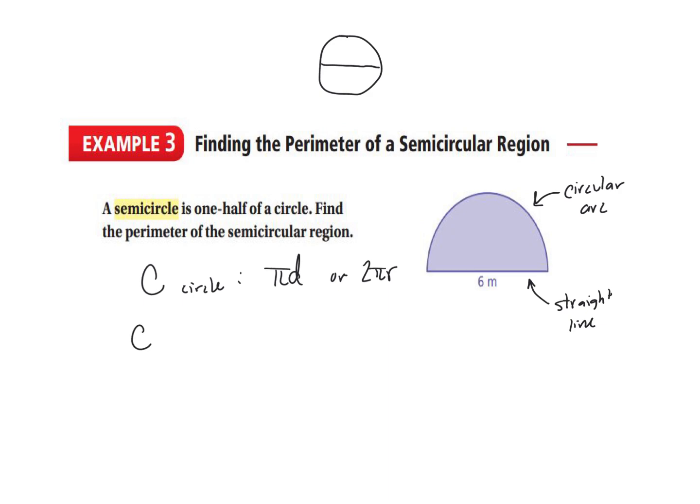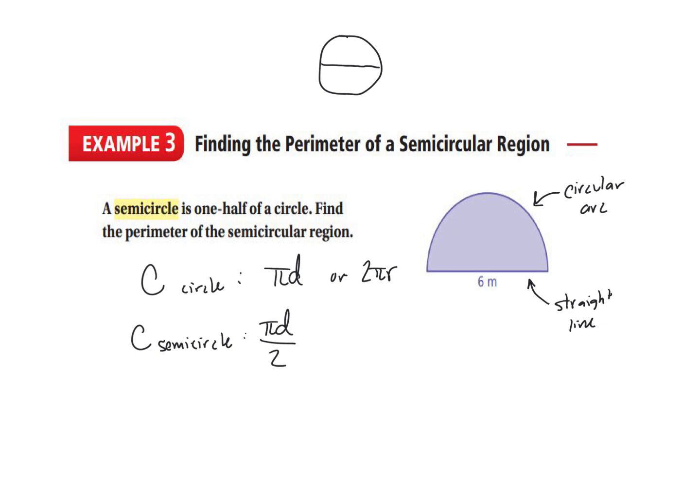In the case of a semicircle, it's a little bit different in the fact that we don't have a full circle. We have half of a circle. If we look around the circular part, that's half of the outside. So we're just going to take our two formulas and divide them by 2.